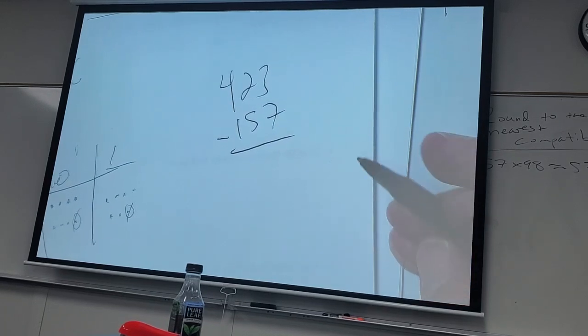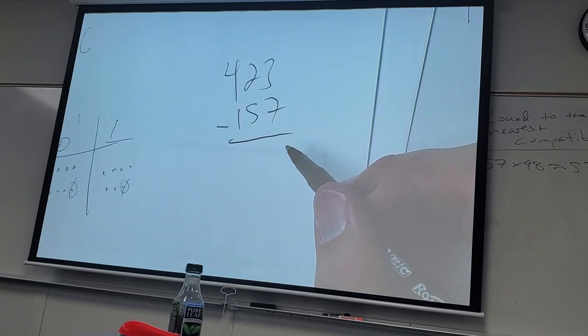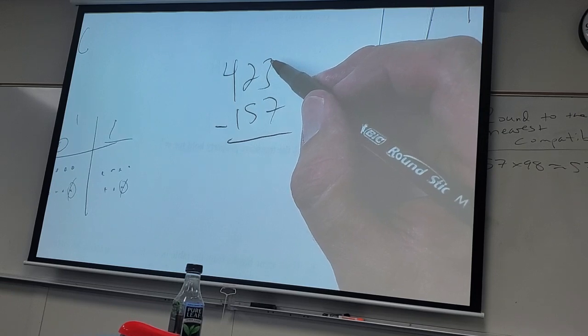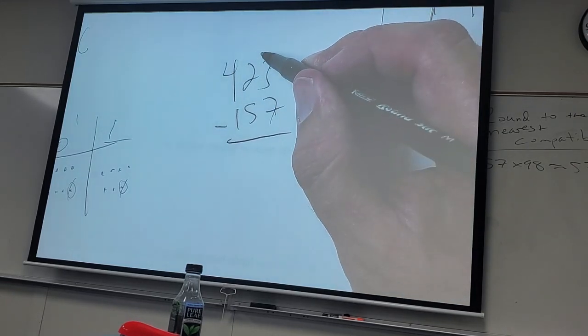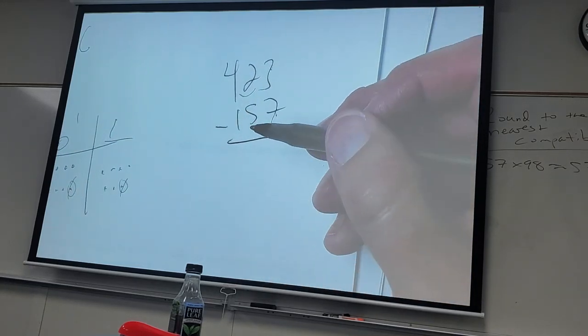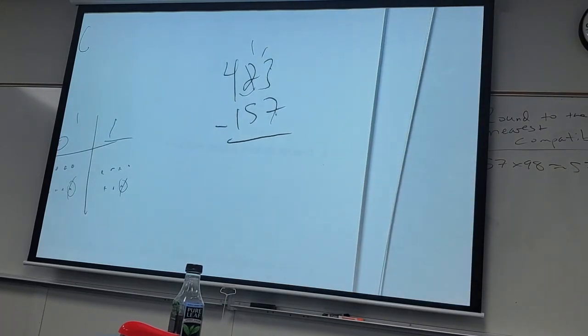So to do this problem, where would I start? Just to do it the standard way. Right, I can't do 3 minus 7, so I've got to borrow, and this represents 20, so I am literally borrowing a full 10, and that's why that becomes 13.